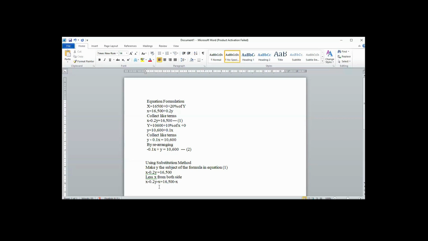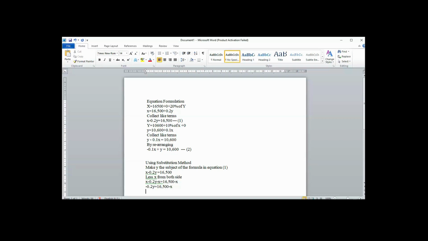Automatically, you have taken the x away and moved it to the other side. From there, you have minus 0.2y equals 16,500 minus x. Because we are looking for y, we cut the coefficient of y away.